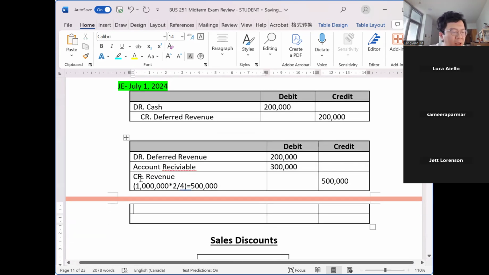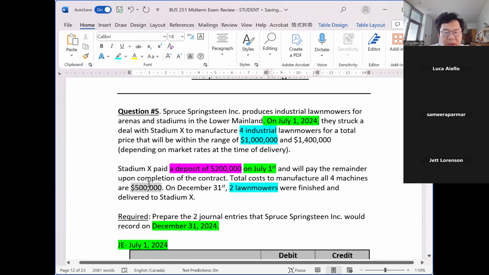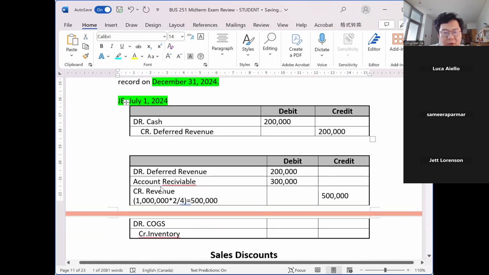And also, don't forget every time you make a revenue, you have to book the COGS, right? And the other side normally will be credit inventory. So what is the COGS? The COGS can be found here. The total cost to manufacture all four machines is 500,000.